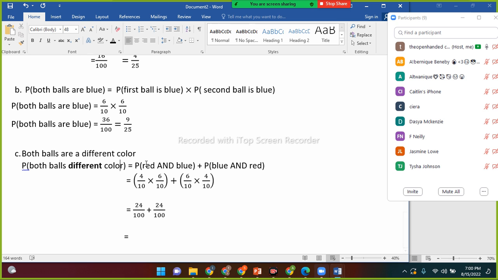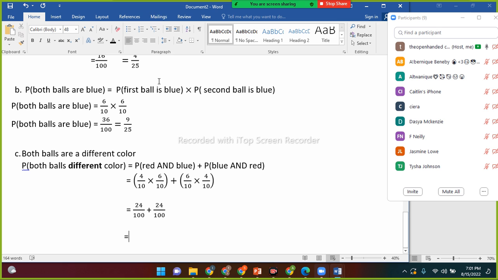The first one is red, the second one is blue, or the first one is blue, the second one is red. Since it's the or that we're dealing with, we'll be dealing with the addition rule. So we have to use a plus. We can't multiply them. It'll be wrong.